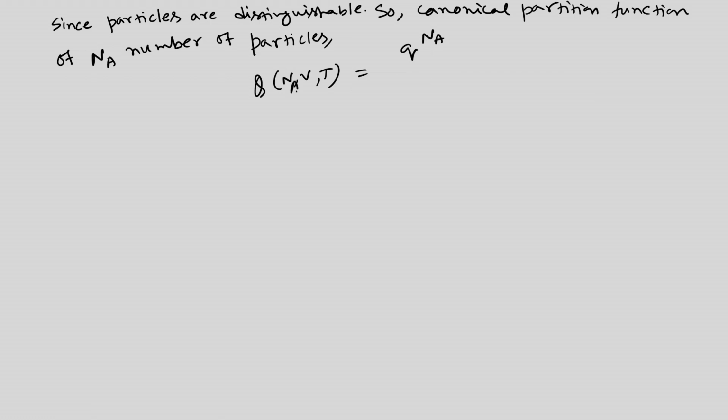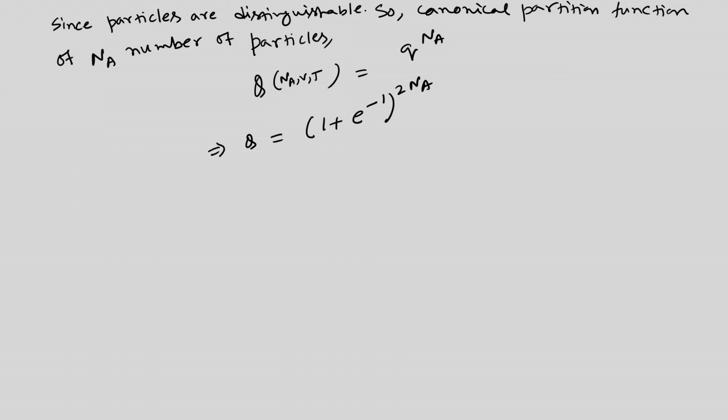Here N is nothing but N_A. So, we get the canonical partition function Q is (1 plus e to the minus 1) whole to the 2 N_A. So, this is the partition function of the system having N number of identical distinguishable particles.